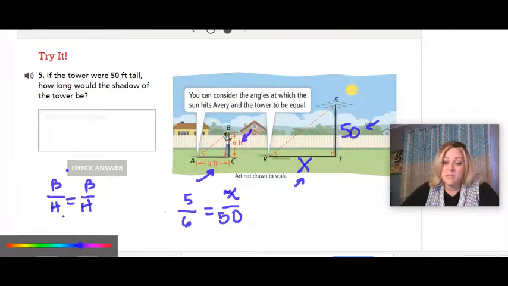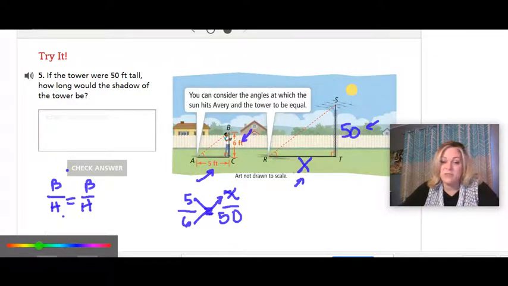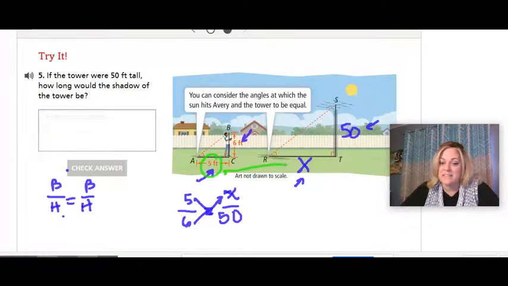And when I cross multiply this, you can still get the same answer as if, and I'm going to switch colors, as if you did small to big. So as if I did 5 compared to x and 6 compared to 50, as long as you are consistent.